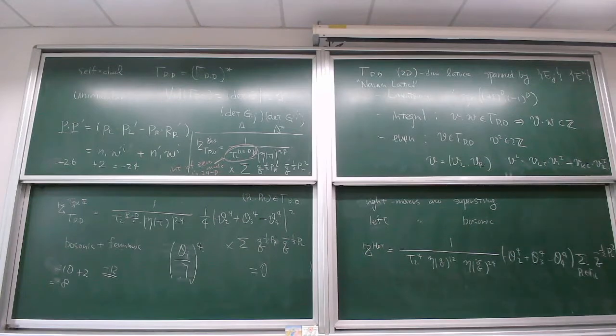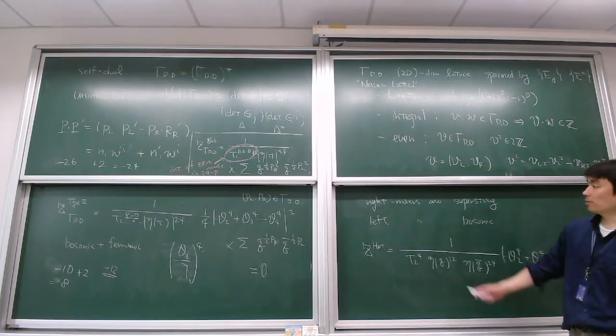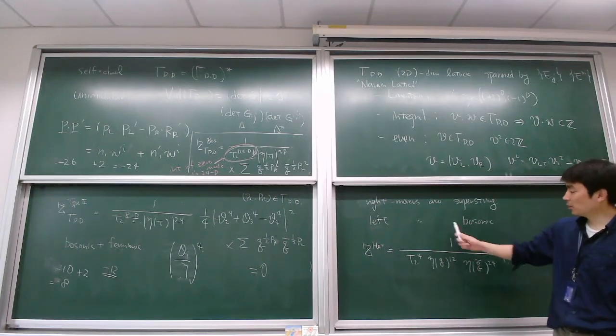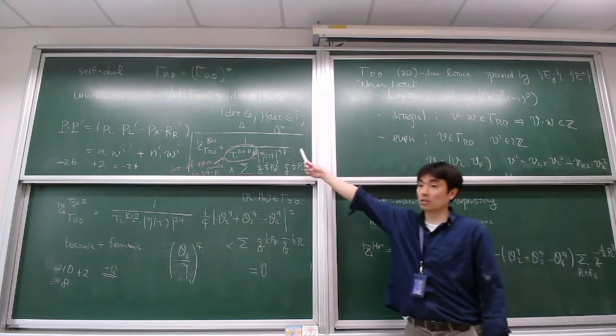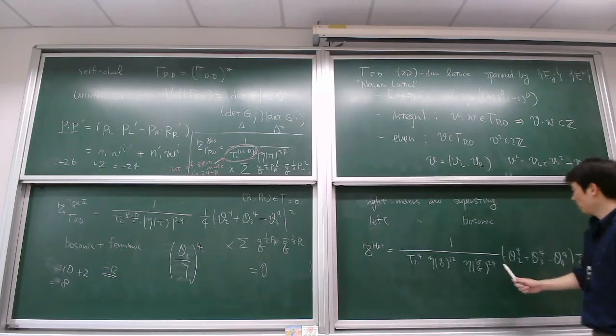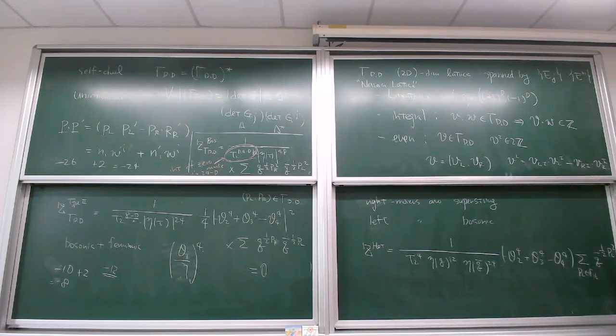Again, left-moving is bosonic. So the 8 to 24 come from the bosonic contribution for the anti-holomorphic part, and you have another additional contribution here.